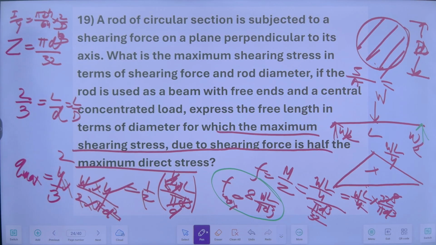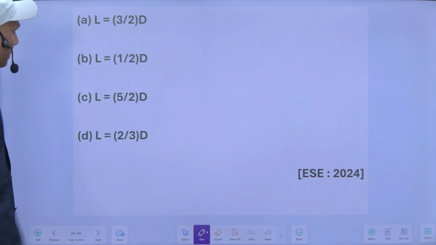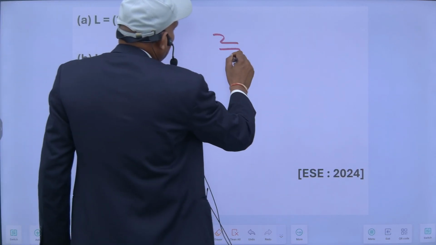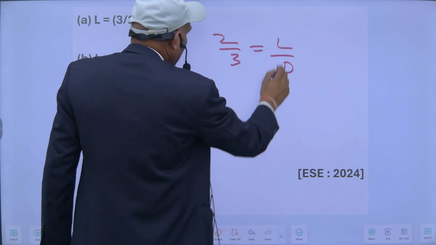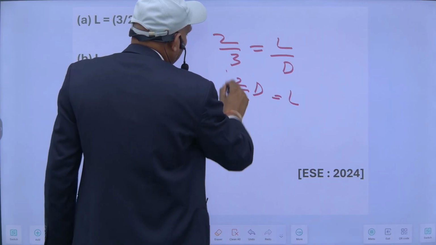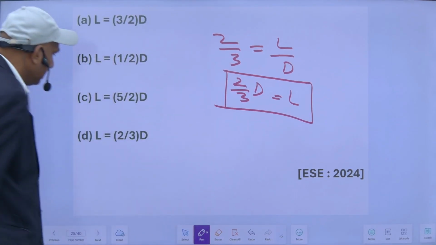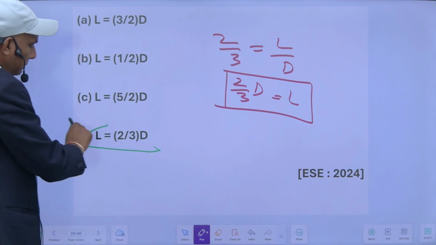So 2 by 3 is equal to L upon D, or I can say L is equal to 2 by 3 times the diameter. This one is the right option.